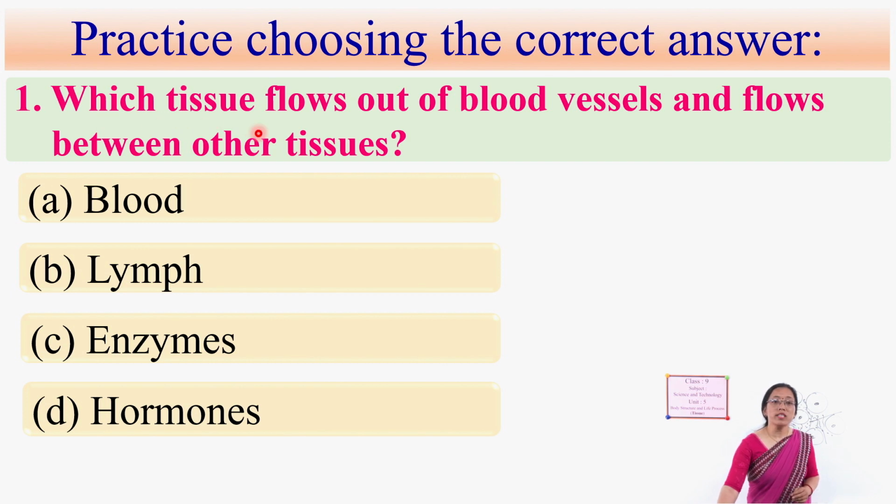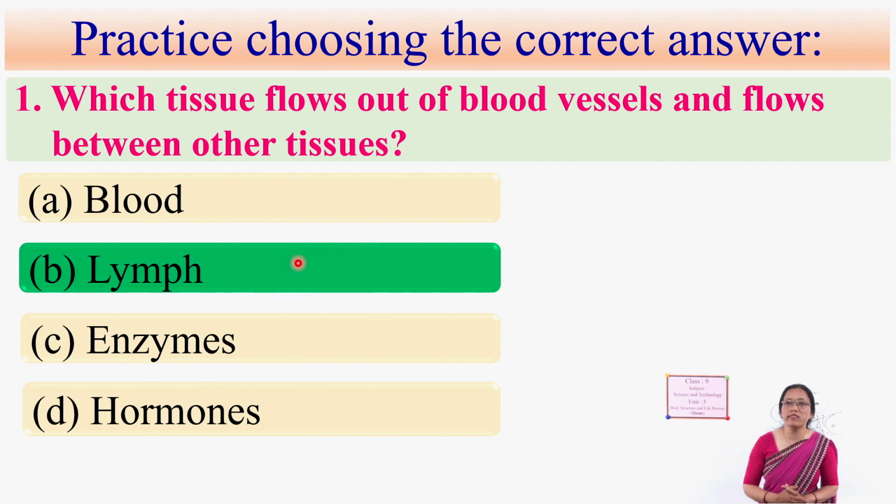See once again, which tissue flows out of blood vessels and flows between the other tissues? Which one? Blood, lymph, enzymes, hormones, which one? Can you say? Yes, it is lymph. Just now we have discussed. Yes, it is flowing out of the blood vessels.